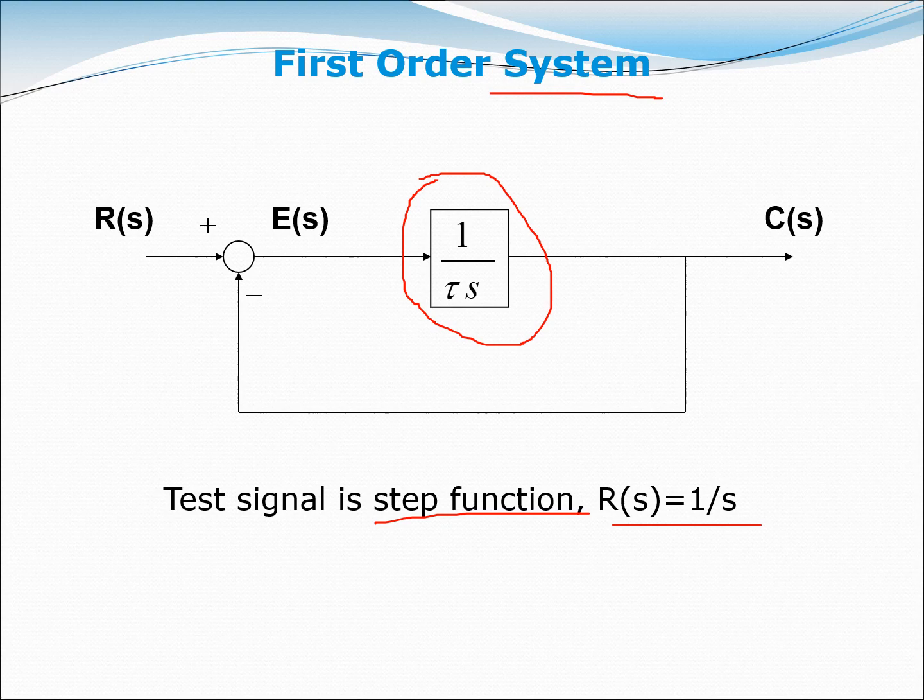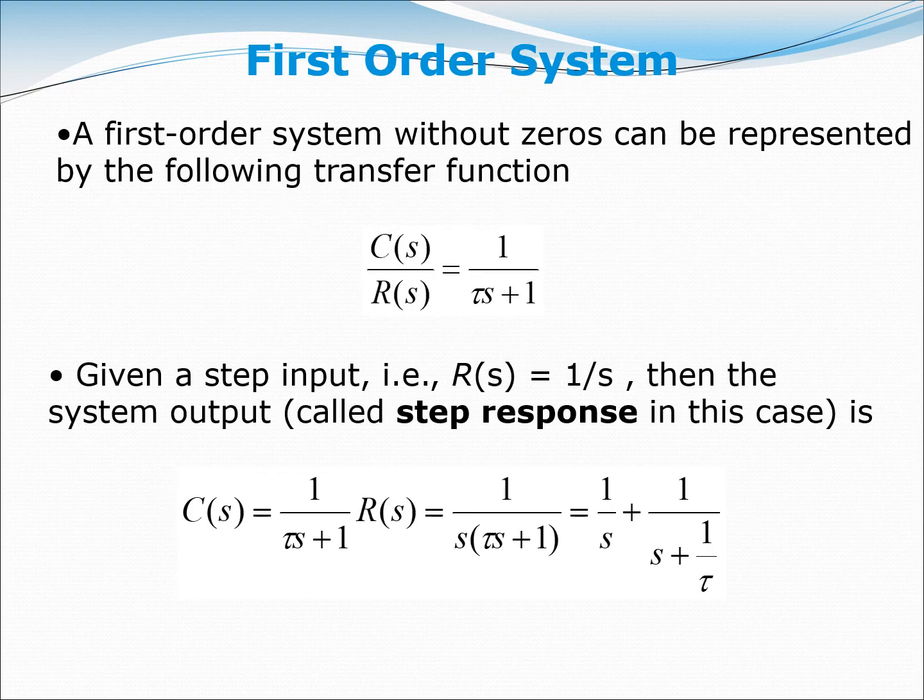Next, if we obtain the final closed-loop transfer function of the previous block diagram, we will get C of S over R of S equals 1 over tau S plus 1, where this transfer function is a first-order system without zeros.